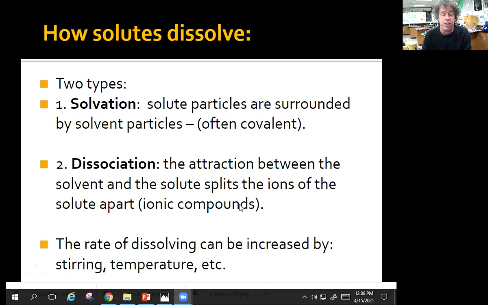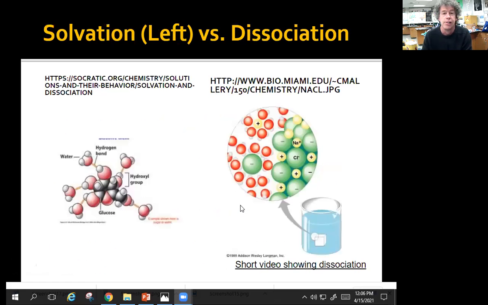Now, the rate of dissolving can be increased if you stir, if you increase the temperature, or something like that. And this is just a little picture. So glucose doesn't split up. You don't break up the glucose molecule. It will just separate from other glucose molecules because of the strength of the hydrogen bonding between the glucose and water.